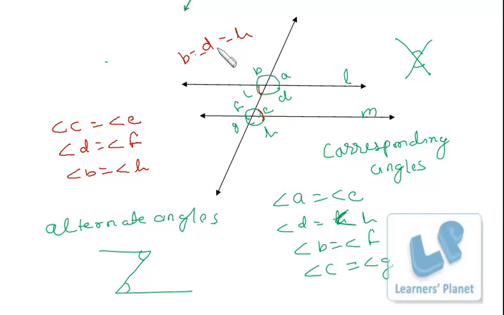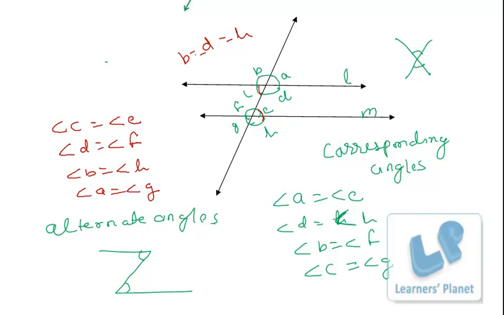So B is equal to D and D is equal to H, that means B is equal to H. These are known to be alternate exterior angles. Similarly, angle A is equal to angle G. So we have got 4 pairs of alternate angles, 4 pairs of vertically opposite angles, 4 pairs of corresponding angles.